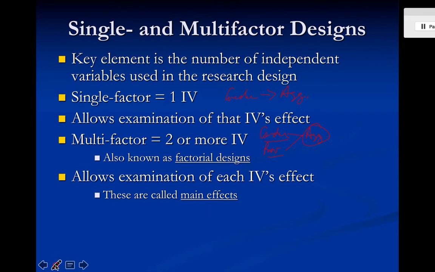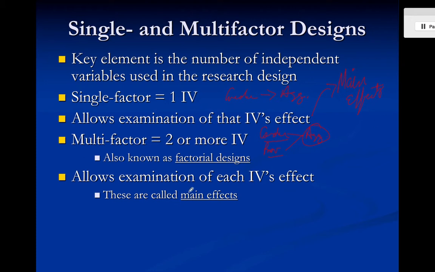When we think about what a single factor design can provide us, single factor designs can only allow us to examine main effects. That's the only thing a single factor design can do. Why? Because it's only one independent variable.